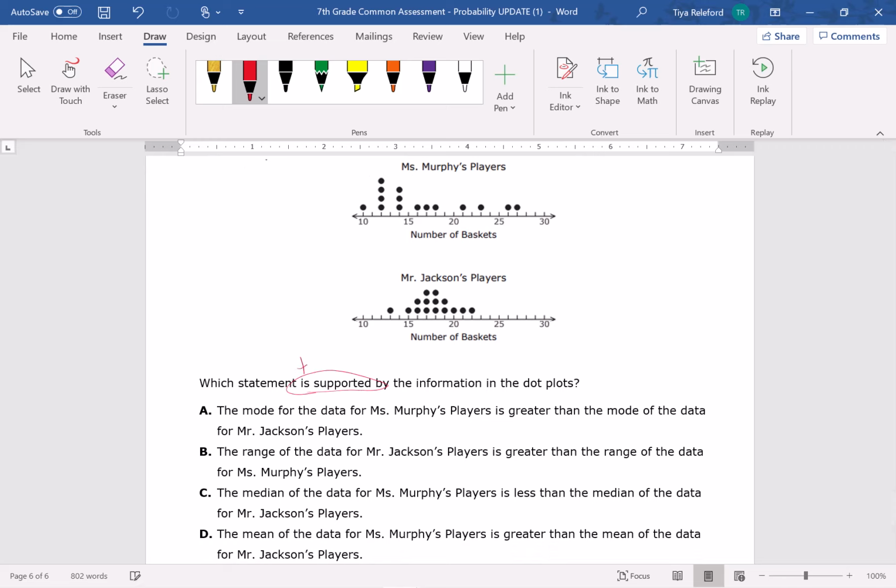Now, dot plots, I like to find my numbers first. And since you got it wrong, we're going to find our numbers first, whether you like it or not. So, for Ms. Murphy's, range, greatest minus least, you have 27 minus 10.